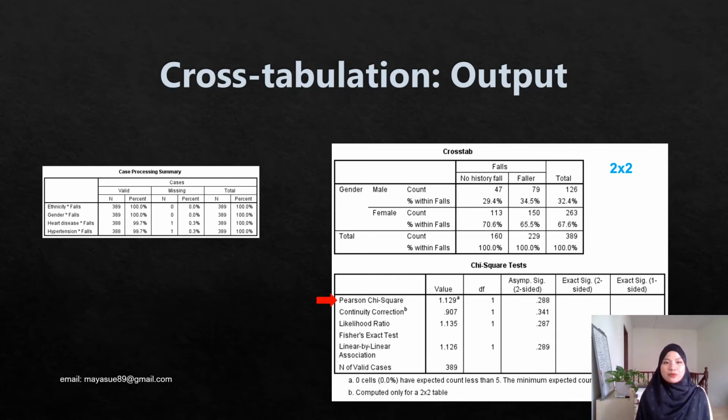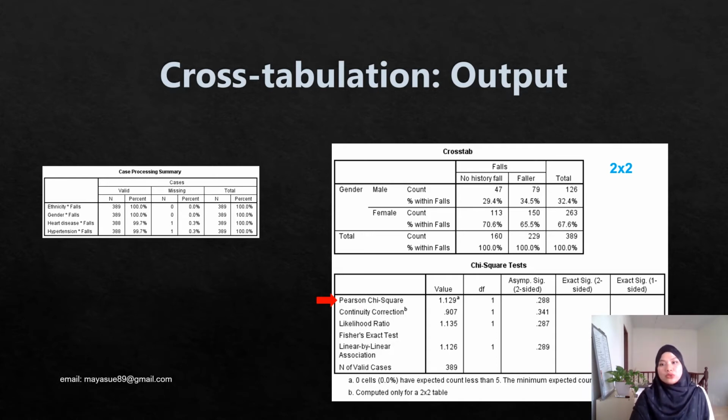You should have a case processing summary to see whether there is any missing data. And then you also get the cross tab table and the chi-square test result. The p-value is the asymptotic significance, two-sided, of the Pearson chi-square. So 0.288 is the p-value.